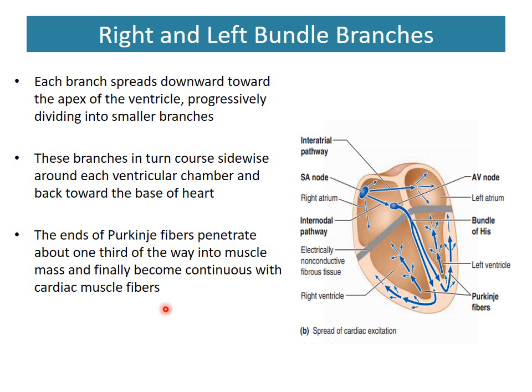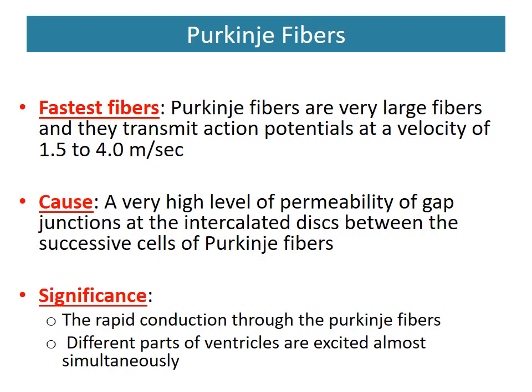The last parts of the heart to be depolarized are the posterior-basal portion of the left ventricle, the pulmonary conus, and the uppermost portion of the septum. Purkinje fibers of the conductive system are very large and the fastest fibers.